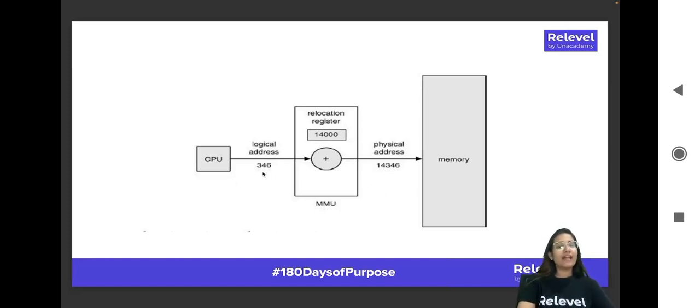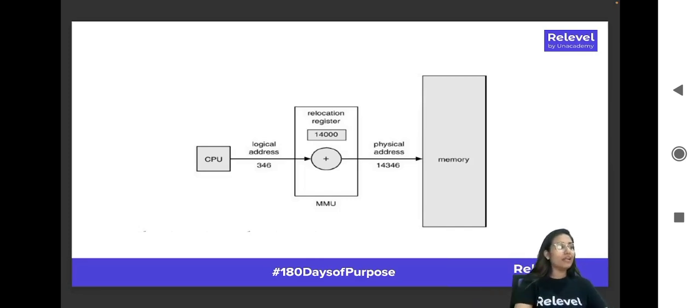So if the logical address is 346, you have to add the value of the relocation register, 14,000 over here, and then convert it into physical address. So using a simple relocation register, you can do this. The relocation register is also known as the base register. Here the value in the base register is 14,000, so if a user gives 346 as a logical address, it is going to be mapped to 14,346. Why?